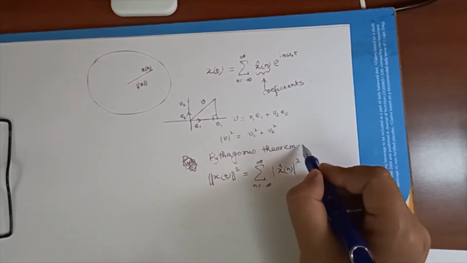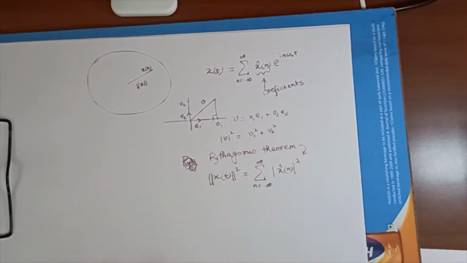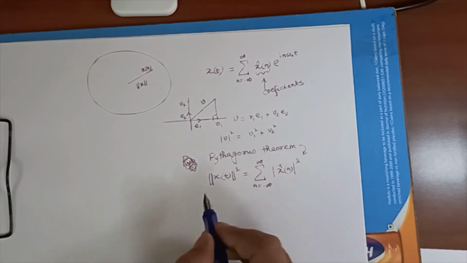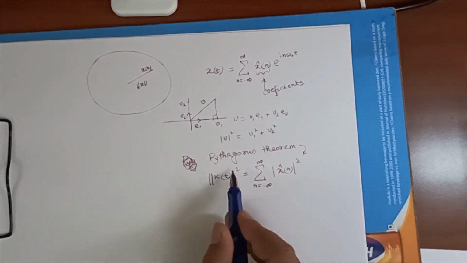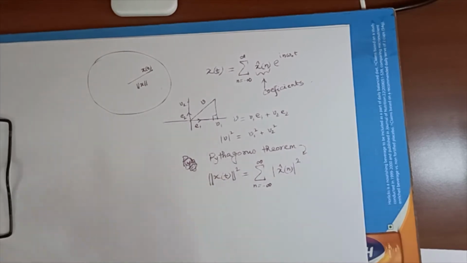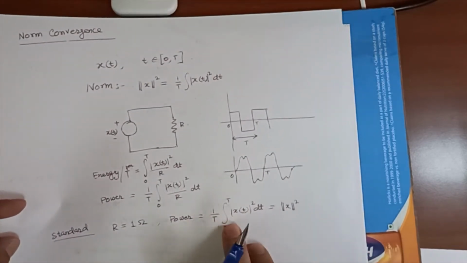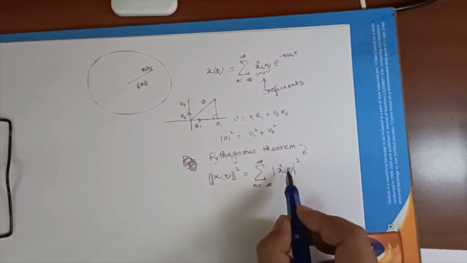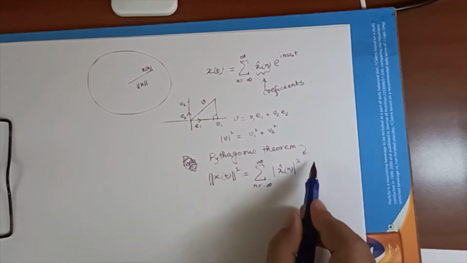So straight away, applying Pythagoras theorem to that Hilbert space, you get one identity which relates the power of the signal x(t) with something of the coefficients.